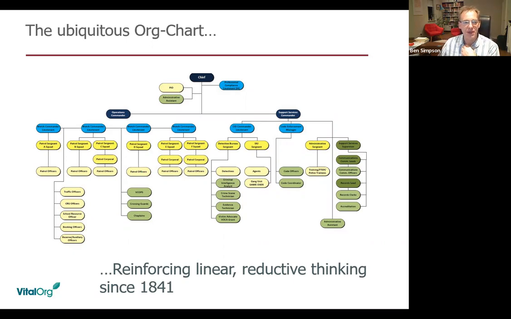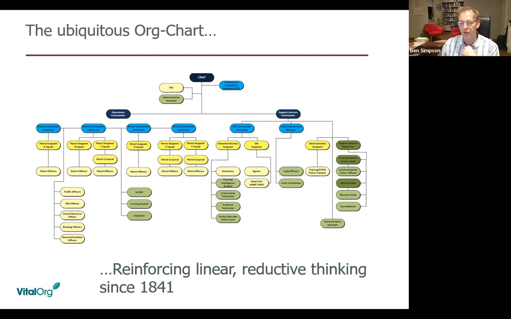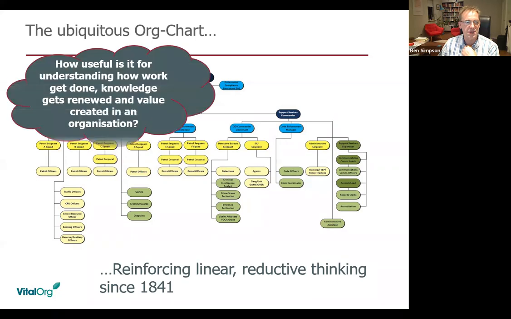The Peter Scholtes book. So it originates from a Western Railroad accident in 1841. He drew a box and line diagram to find out who he was going to blame, who they should be blaming. So there you are, reinforcing linear reductive thinking ever since.